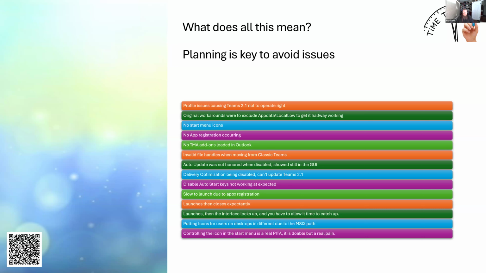You just got to make sure that it's supported and that it can handle how Teams operates now within the profiles. The original way, when it first came out, was to do some exclusions to get around a couple things, but it just didn't work right. And then in time, industry caught up.